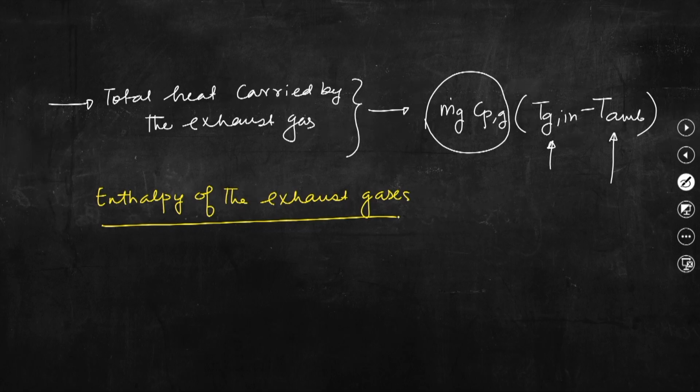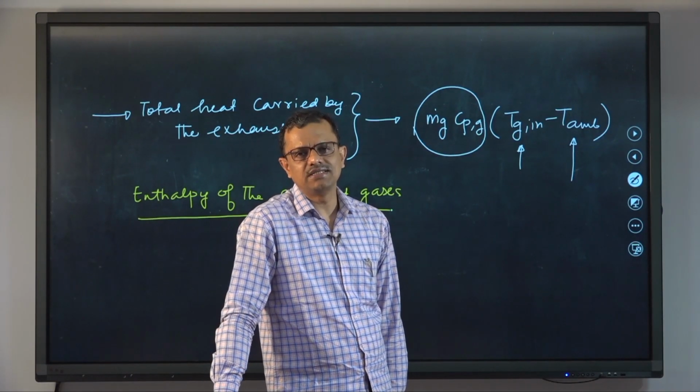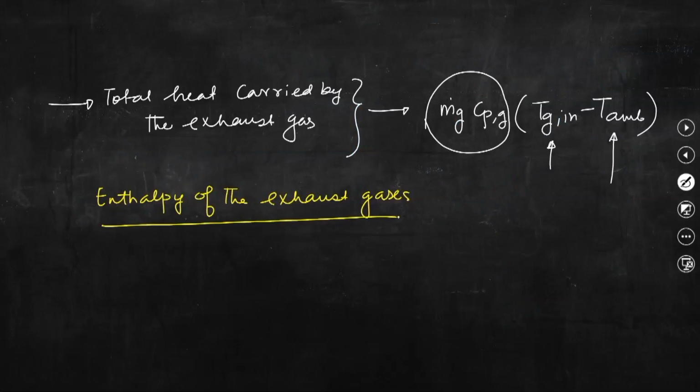Had we taken an effort to use this much enthalpy, then certainly we would have enhanced the efficiency of the engine, and engine performance would have been even better. So, enthalpy of the exhaust gases can be determined.